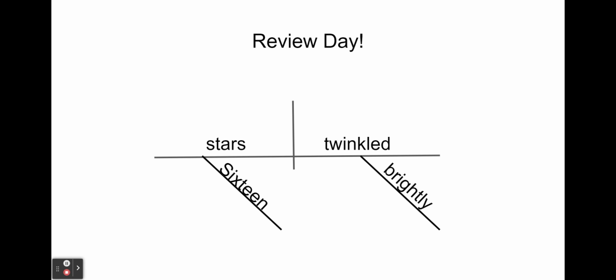Brightly. Brightly describes twinkled. But scholars, how brightly? Quite brightly. Quite is an adverb describing an adverb. So notice how we have that arm, right, connecting it to the adverb, not to the verb. It's connecting to brightly, quite brightly.